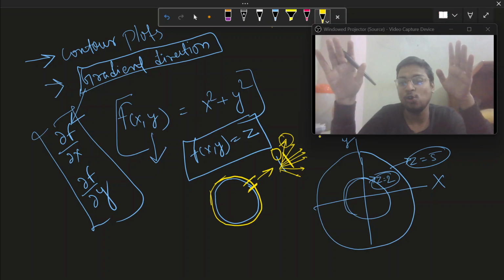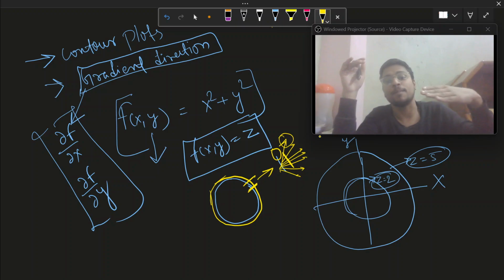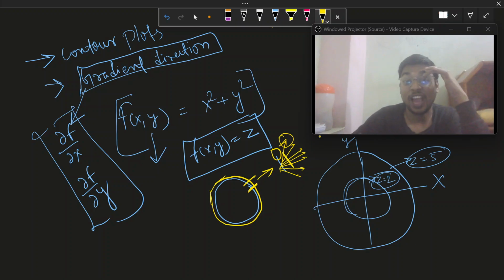So if we want to find the direction of the maximum change, we have to go perpendicular in this direction.